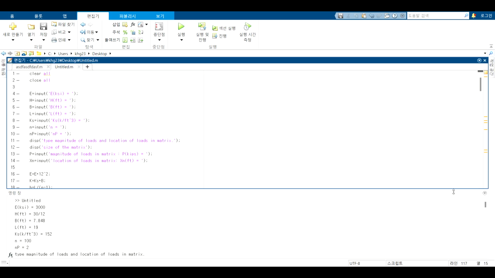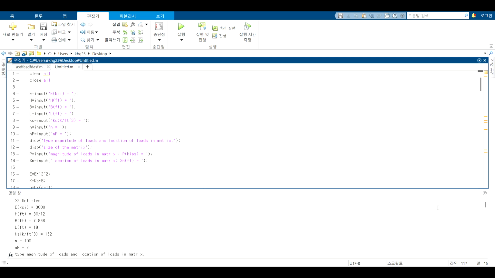After collecting the input, the program moves on to compute the basic structural parameters and construct the coefficient matrix A. So to divide the footing into equal segments, it calculates the spacing h equal to L divided by n minus 1.